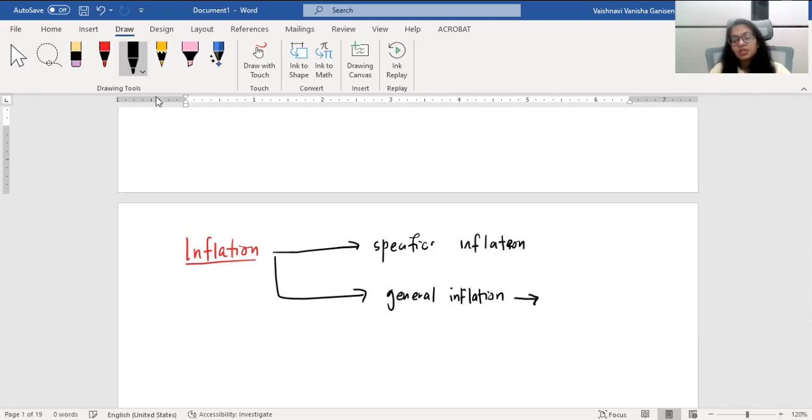A general inflation rate means there is one rate that can be used and applied to all areas of your investment appraisal.